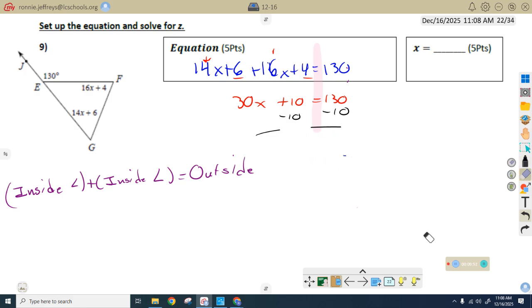Womp, womp, womp. This should be 30x equals 120. Divide by 30, divide by 30. You get 4, not 40, not 70, not some of those, good grief, all the other number combinations I got yesterday.